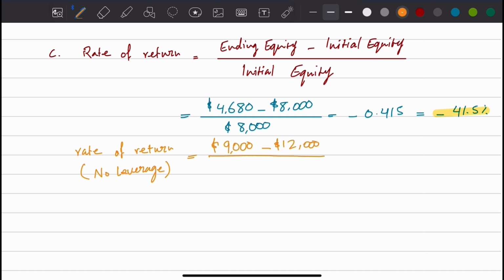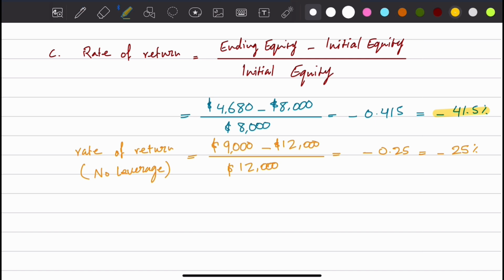Okay, again divided by $12,000. Go to the calculator, key in the numbers, 9,000 minus 12,000 divided by 12,000, and we get a negative 0.25, which is equal to a negative 25%.